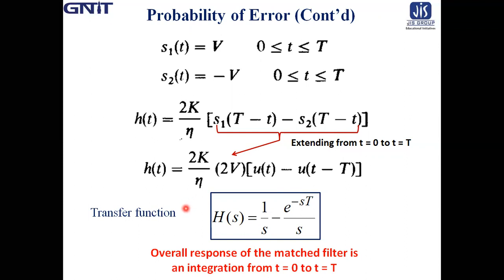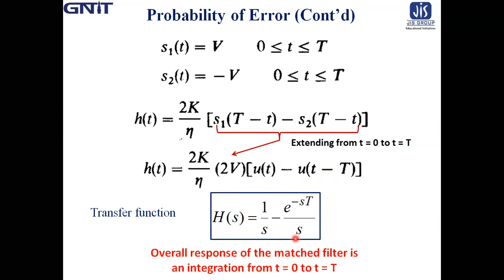We may therefore select the coefficient k so that 4kV by eta equal to 1. Then the transform of h(t), that is the transfer function of the filter, now becomes H(s) equal to 1 by s minus e to the power minus sT by s.